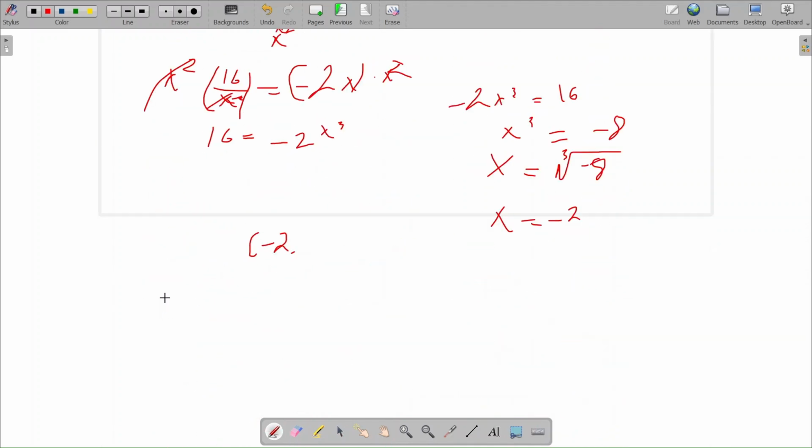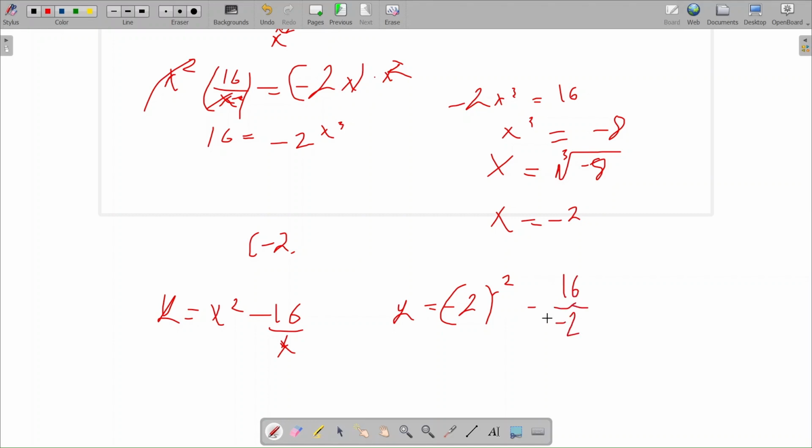Our original equation was y equals x squared minus 16 over x. So now we substitute the x here. Y equals negative 2 squared minus 16 over negative 2.